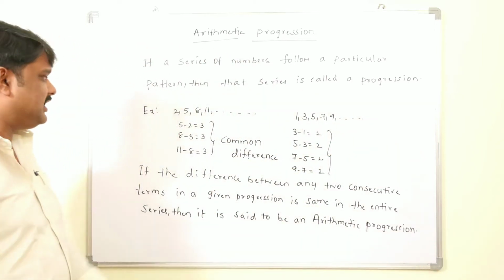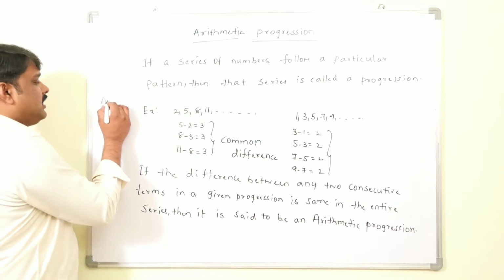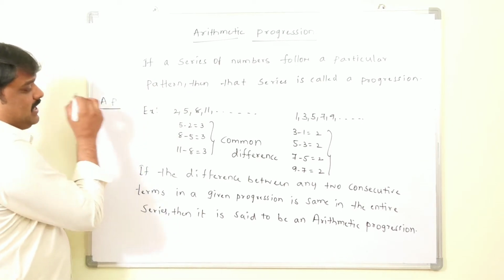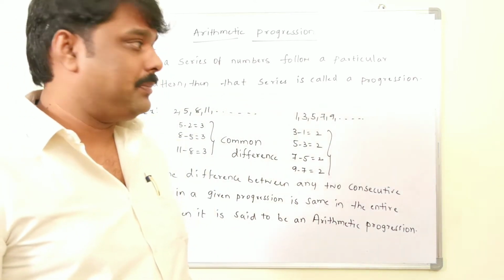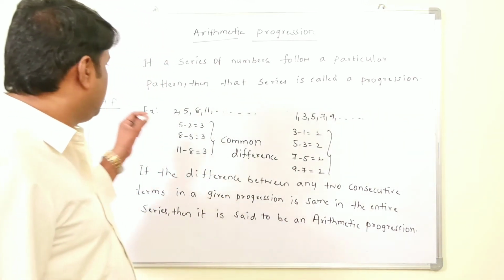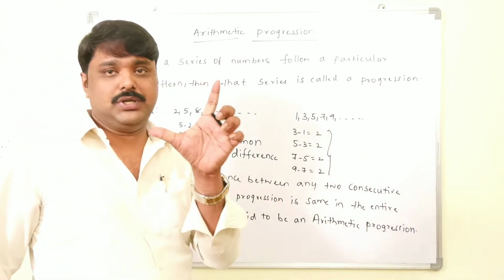Simply we mention arithmetic progression as AP. AP indicates arithmetic progression, not Andhra Pradesh or Arunachal Pradesh, just arithmetic progression.